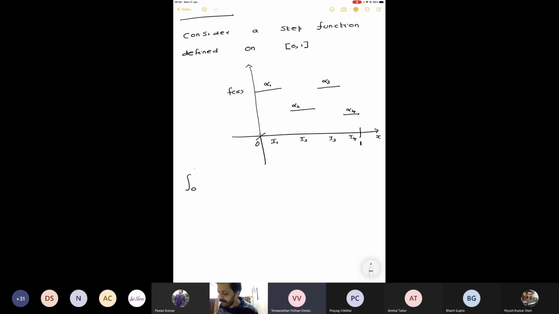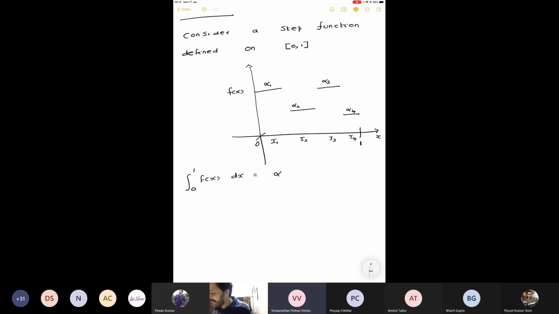If you want to find the integral from 0 to 1 of f of x dx, which is the area under the curve f of x between x equal to 0 and x equal to 1, you can see that the area will be the sum of the areas of 4 rectangles with height alpha i and width the length of the interval.